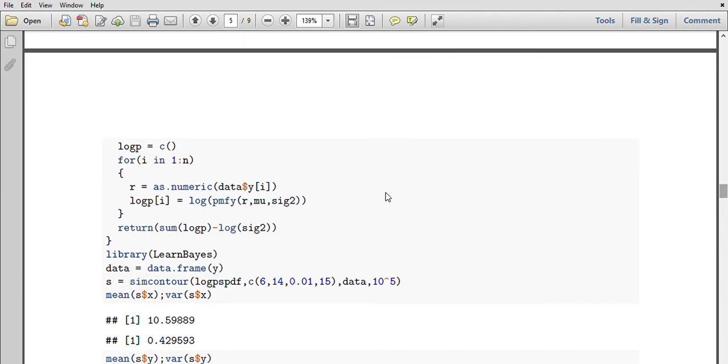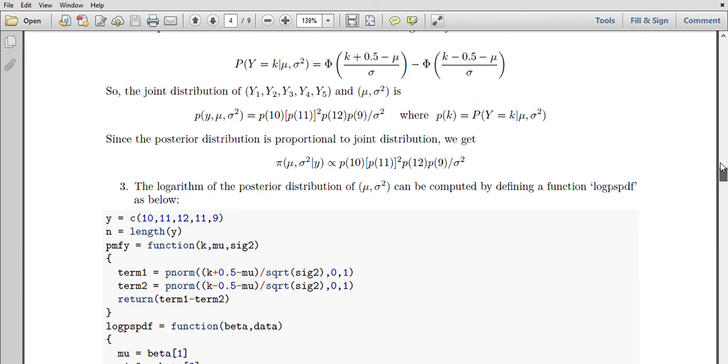So here, in the loop over i from 1 to n, we are computing the logarithm of the PMF of y simply like this. Now notice that the joint posterior distribution also has one more term, that is 1 upon sigma square, so this also we need to compute. So log of pi will be proportional to log of p10 plus 2 times log of p11 plus log of p12 plus log of p9 minus log of sigma square.